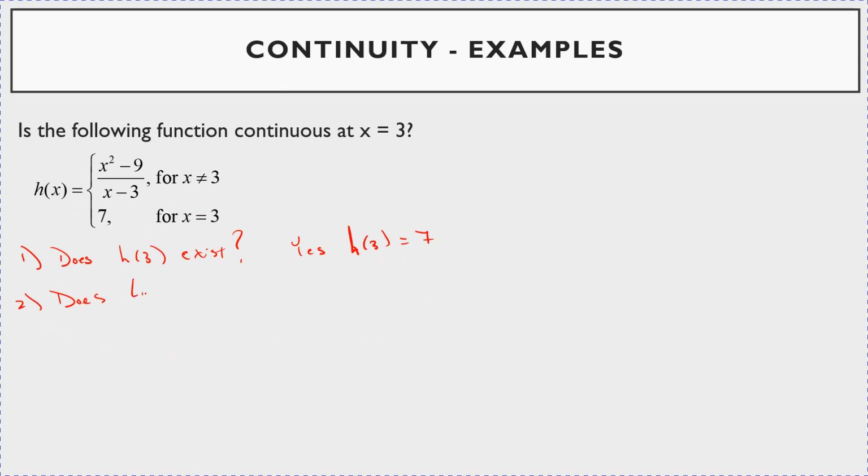Two, does the limit as x goes to 3 of h of x exist? Actually, it does. Remember that this expression ends up just looking like x plus 3. So this graph is going to look something like this. When you get x equals 3, it's going to be a hole.